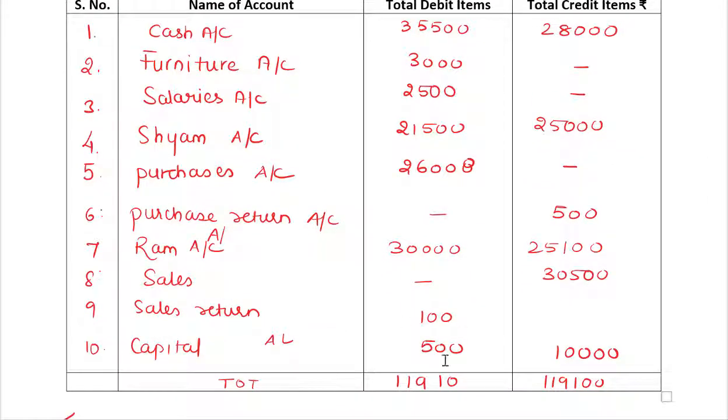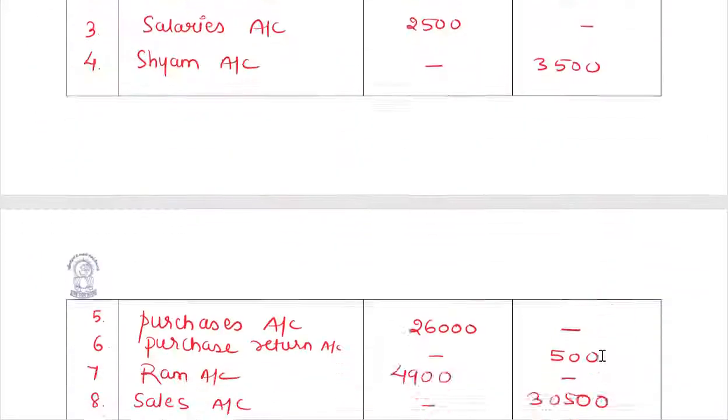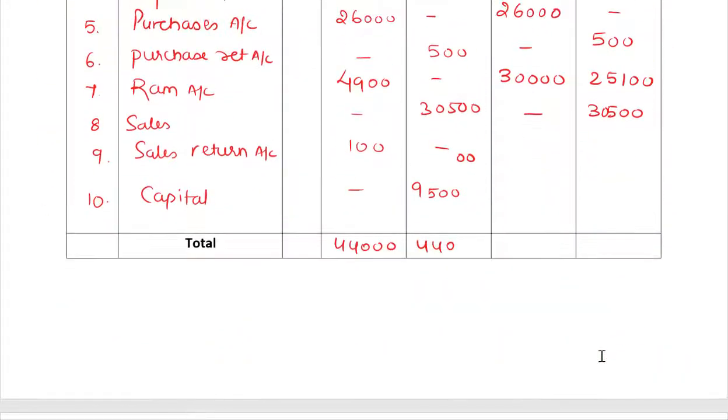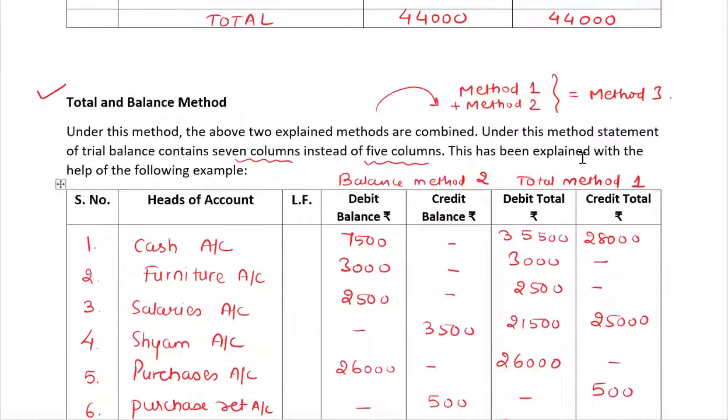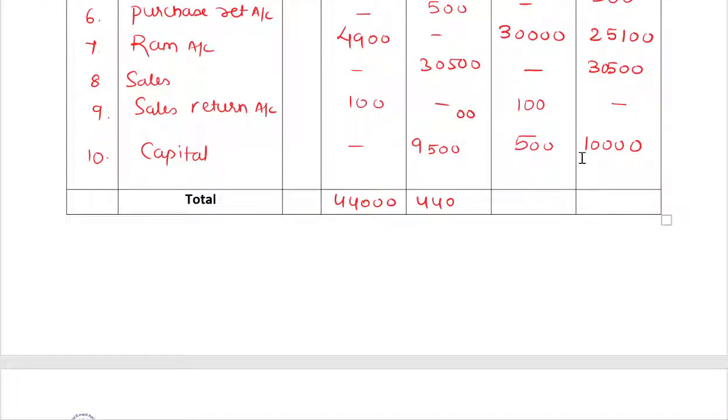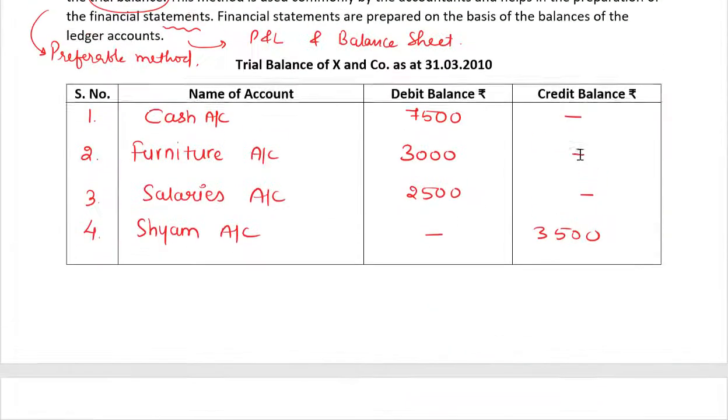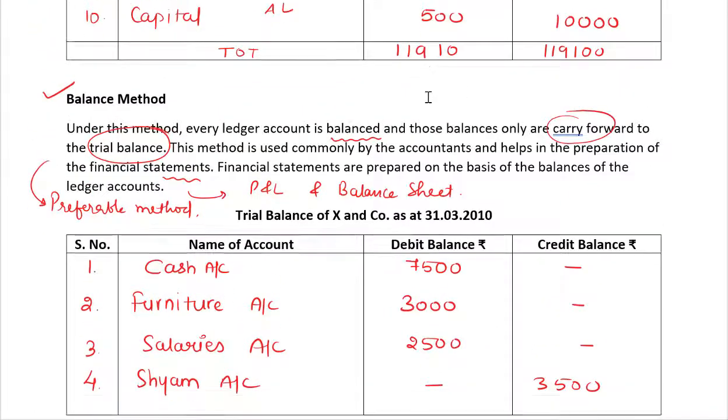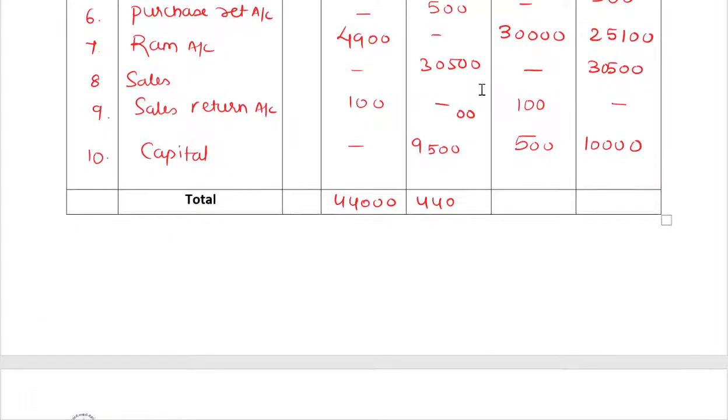Sales return we have 100, capital we have 500 and 10,000. If you make the total of the debit side, it will be the same as before. This is 11,910. And on the credit side it would be 11,910.